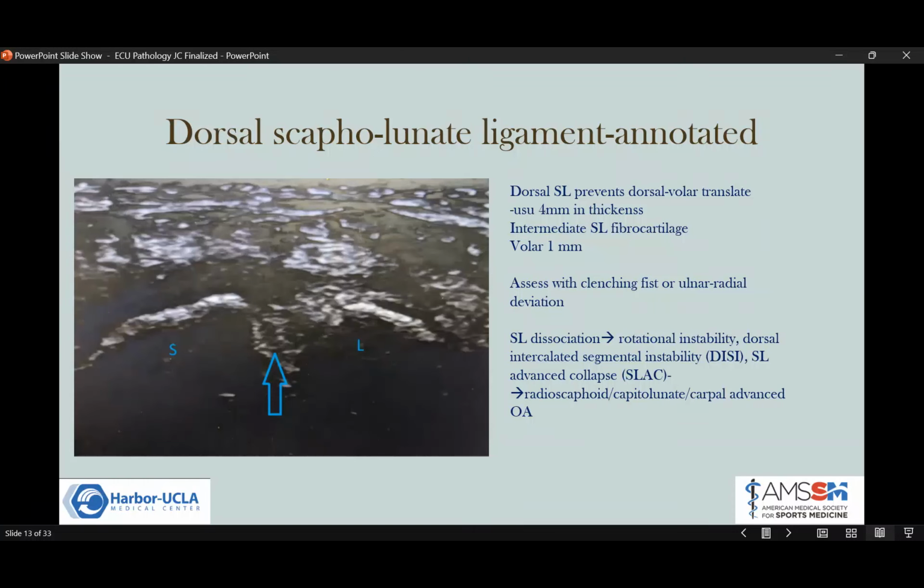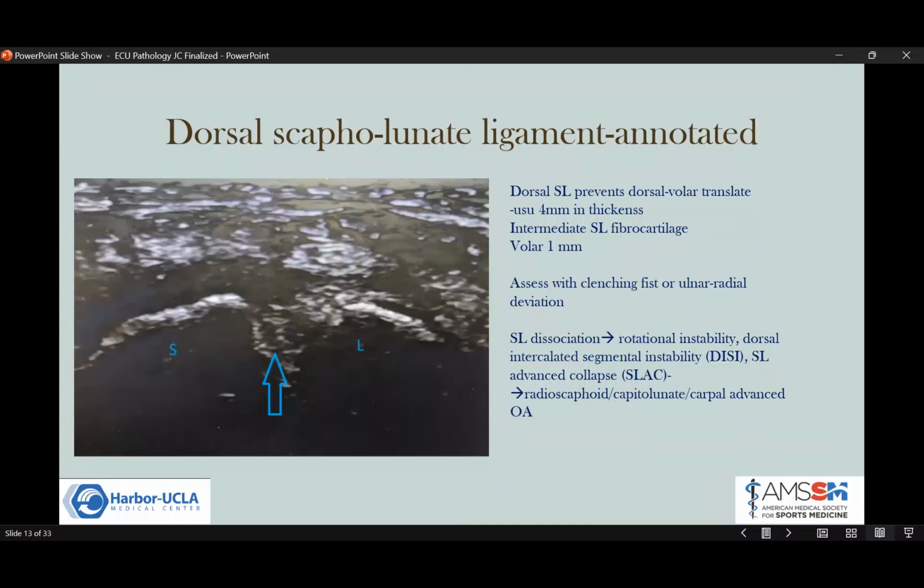There's an intermediate ligament that's usually fibrocartilage anatomically, and there's a volar ligament that's 1 millimeter. You can assess this ligament with clenching of the fist or radial ulnar deviation. If you find spreading or a tear here or widening of space, then you are concerned for dissociation.